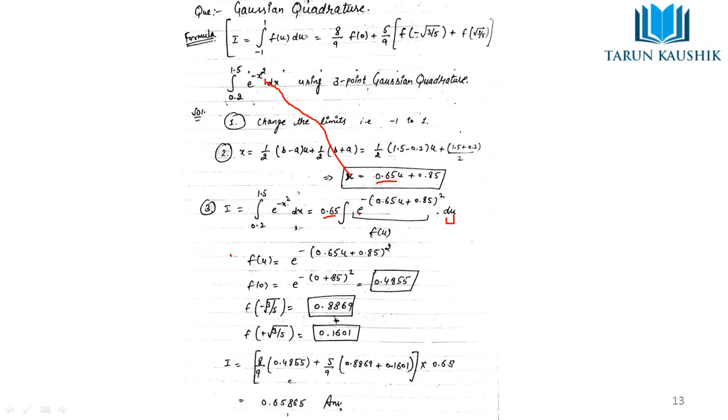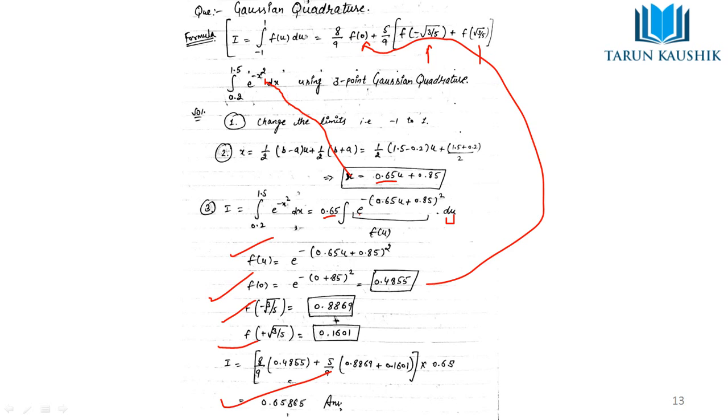F of u is this. What we studied in the formula, we have to put the value at 0, at minus root 3 by 5, and at root 3 by 5. So calculate these three values and get the answer. Okay, very easy.